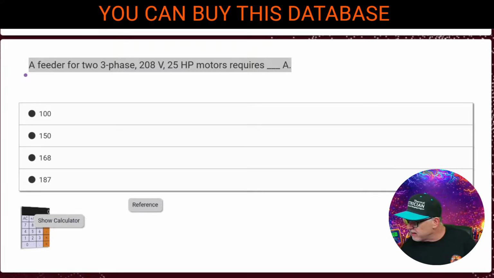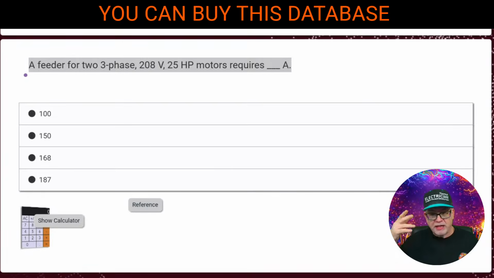So I'm going to take 74.8 times 1.25, and that's going to give me 93.5. I'm going to write that down, plus the sum of the other motor, which is exactly the same type of motor, so that was another 74.8. So I'm going to take that 93.5 plus 74.8, and that's going to be 168.3.